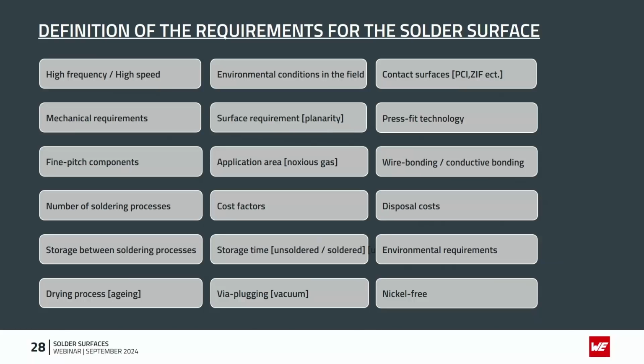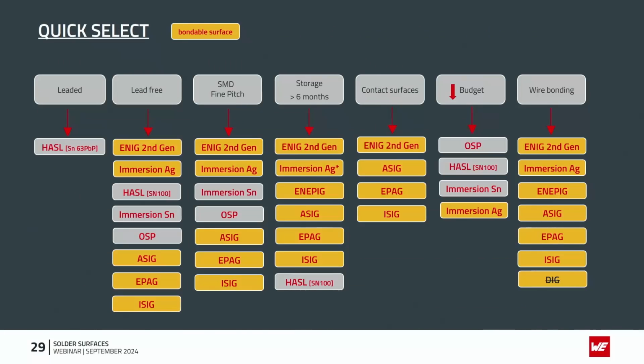If you have flex or rigid-flex PCBs, you have to care for the storage between soldering processes. Maybe you have press fit technology, or wire bonding, or you need contact surfaces. So here you can find a lot of requirements. And now we try to provide a quick select sheet here.